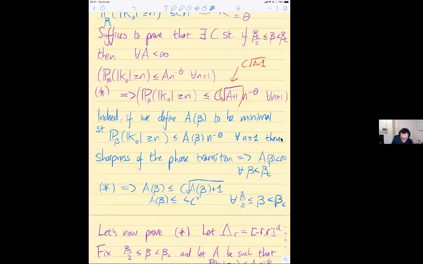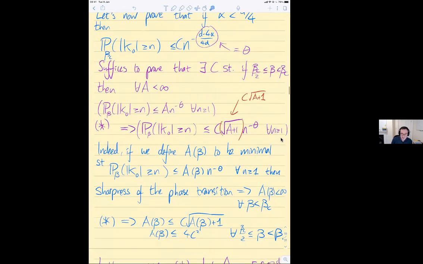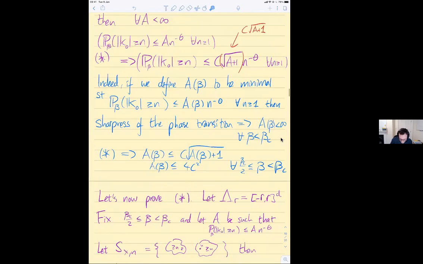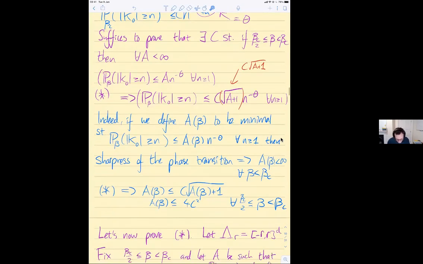We learn that A of beta is bounded by some constant that doesn't depend on beta, and therefore, by continuity, we get the same bound holding at criticality as well. So hopefully that's clear: the actual bootstrapping part, once you prove an implication like this, is very simple, and we deduce that the strong form of the bound holds uniformly by continuity.